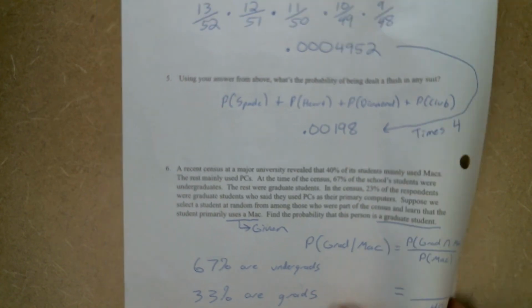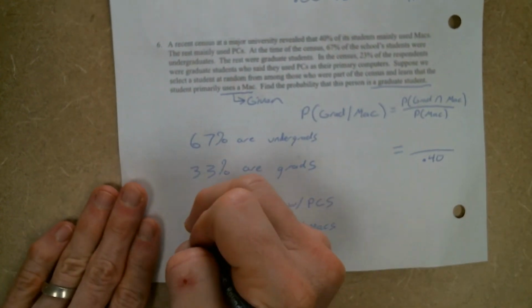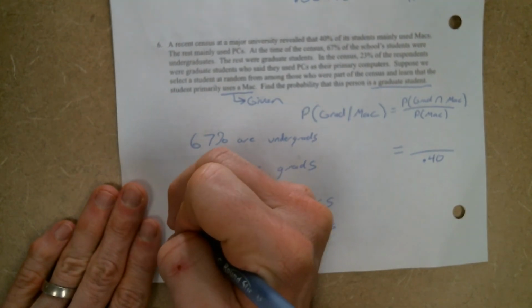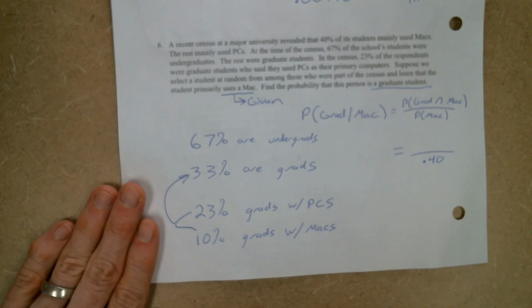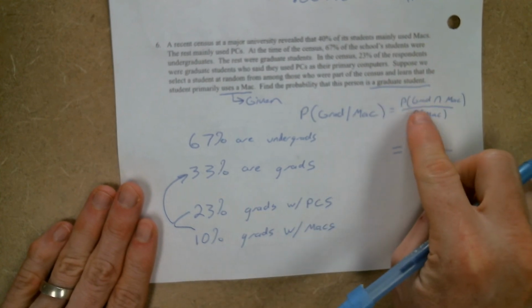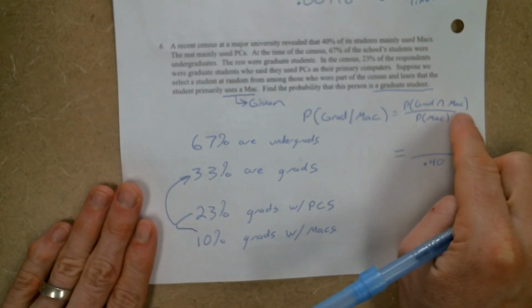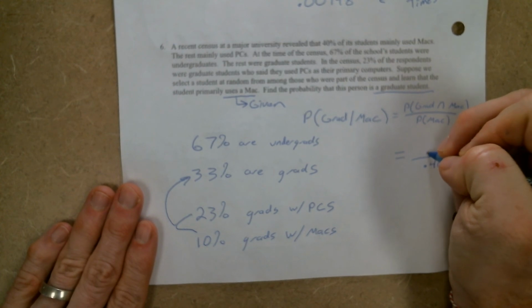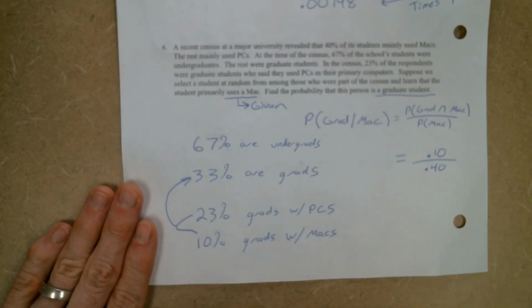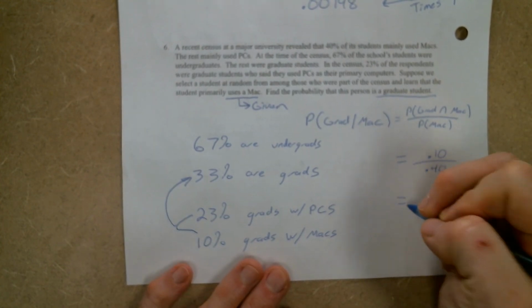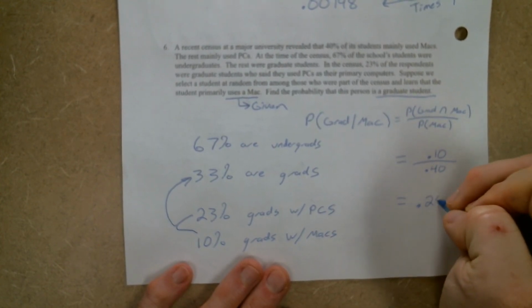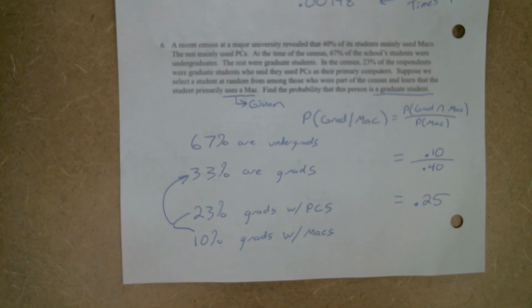So these two are adding together to give us this right here. So the probability of being a grad student and having a Mac is 10%. So this is basically 1/4. So our final answer is just going to be 0.25 there.